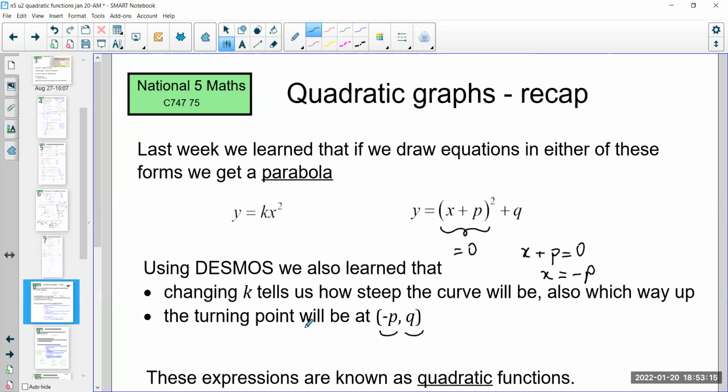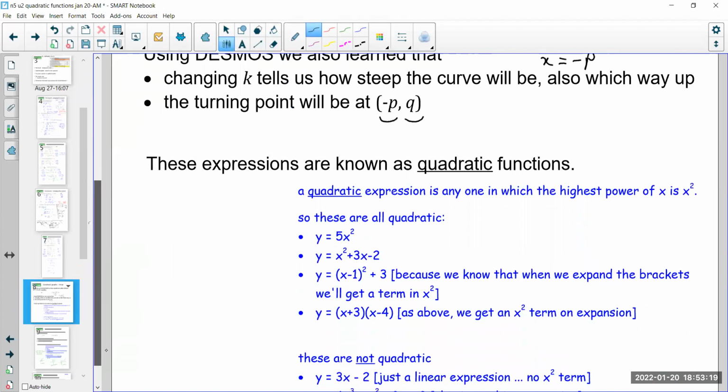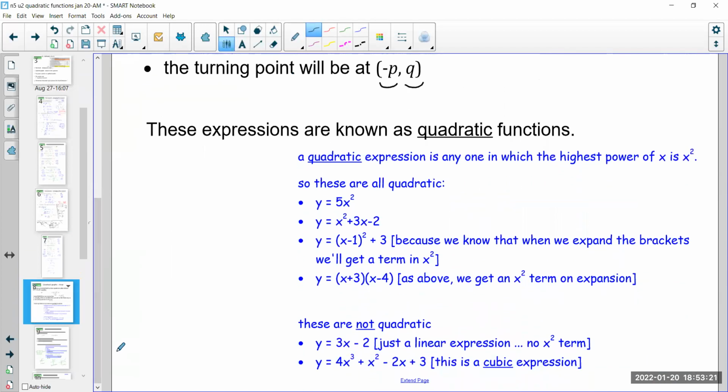So these expressions, whenever you get x squared in them, are known as quadratic functions. Why do they call them quadratic functions? Quadratic comes from a Latin word, quadratum, I think, which means square.